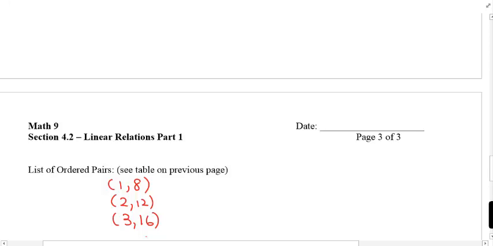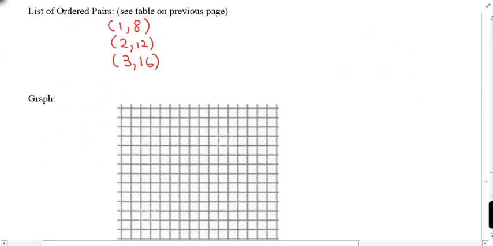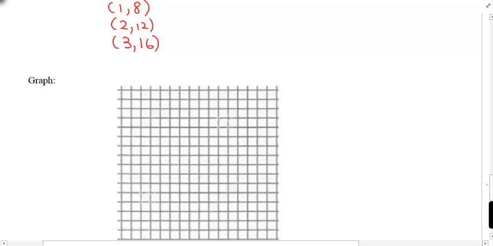Okay. Now, it's time to graph. So here's our ordered pairs, our coordinates. That's great. So let's draw our axes first of all. Maybe I'll draw my axes right here. There's my vertical, and then maybe my horizontal could be here. Okay.